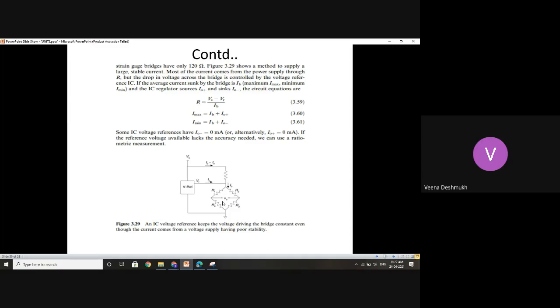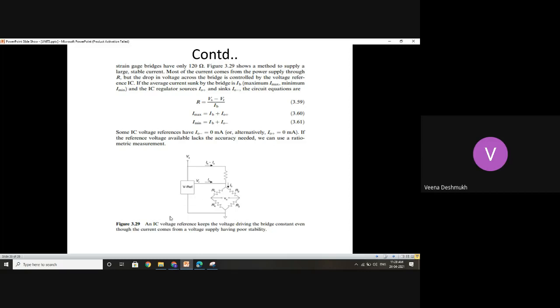The current starts flowing there because the potential differences are getting generated. Now under such cases, what is done is, here this is the setup.